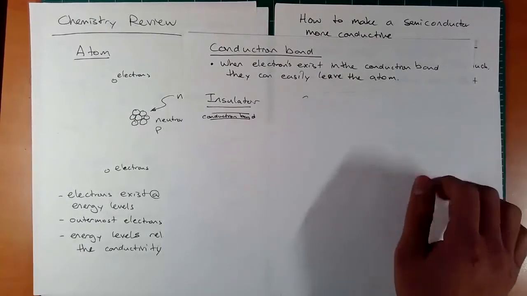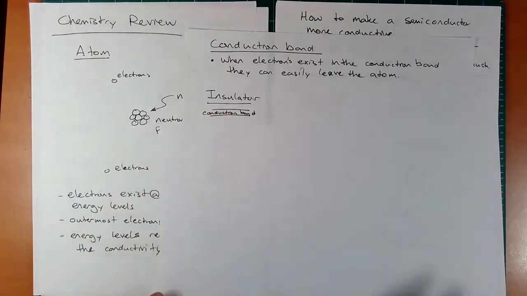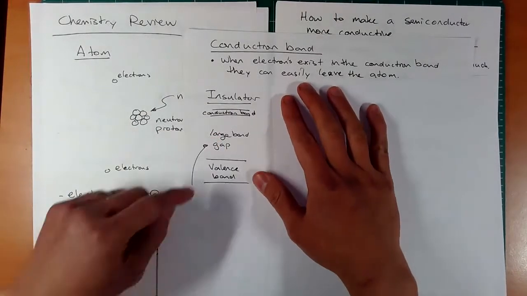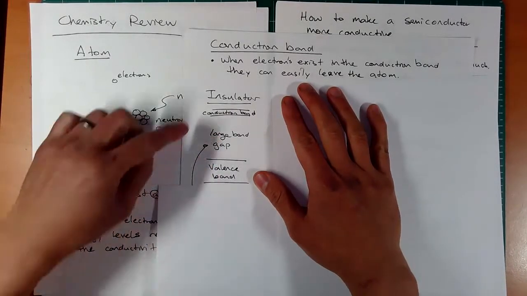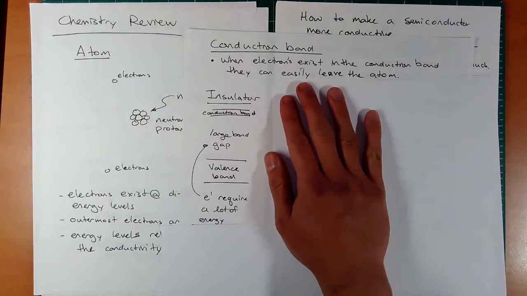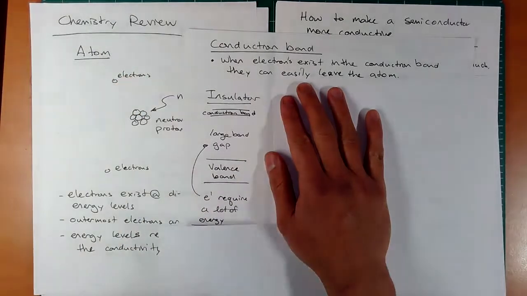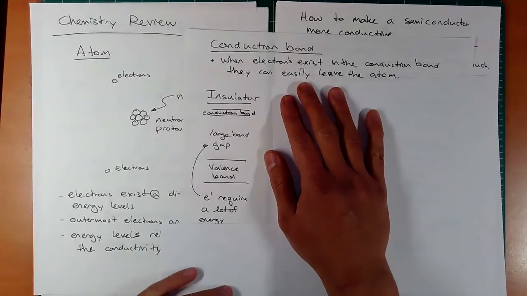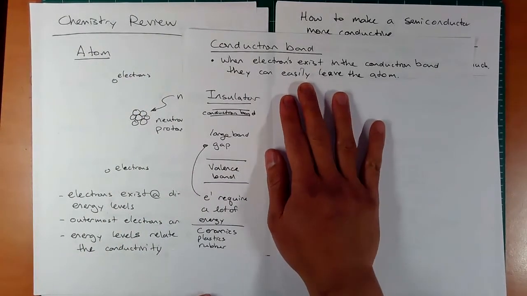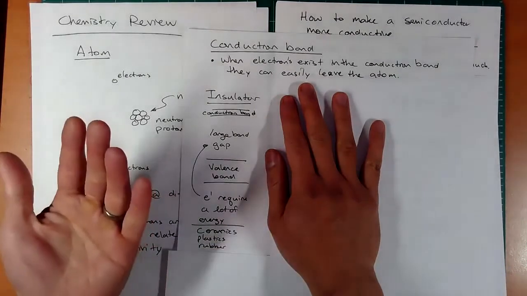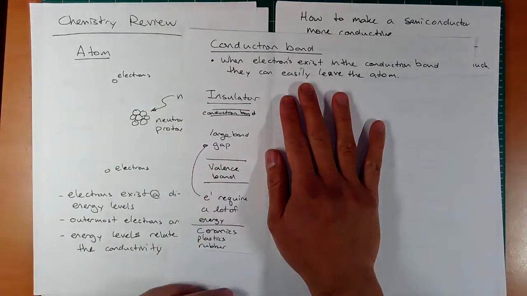For an insulator, you have your conduction band, but a large band gap between the valence band and the conduction band. That means it's going to require a lot of energy to get that electron to conduct. It will conduct given enough energy, but it's harder. Ceramics, plastics, and rubbers are materials we already know are good insulators.